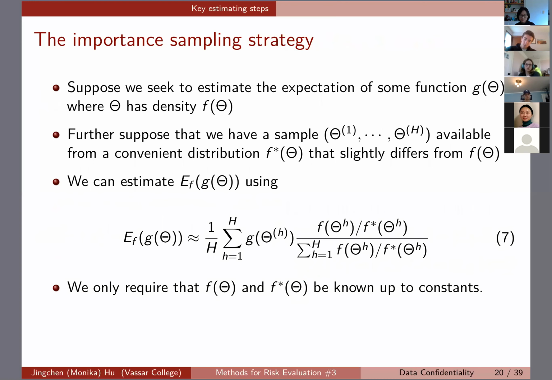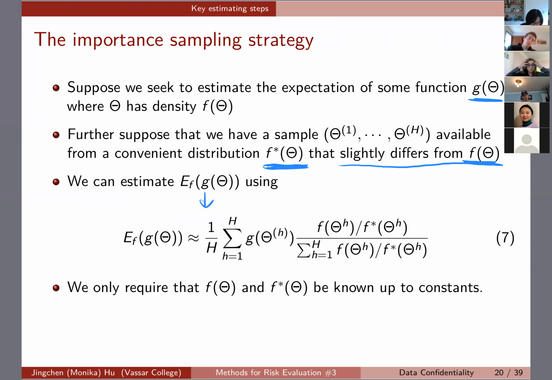So mathematically, that's what it is. Suppose we seek to estimate the expectation of some function g(theta). And let's just say theta has the density of f. f is really hard to get, okay? However, we could have a convenient distribution, f star, that is slightly different from f, but we can use it to approximate the expectation of g(theta), okay?